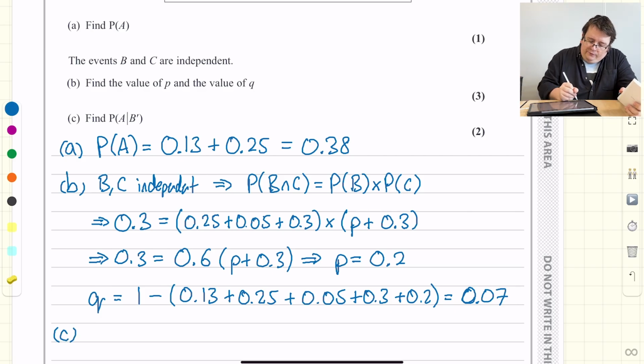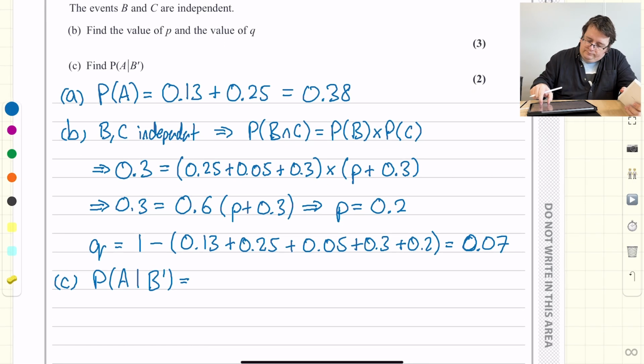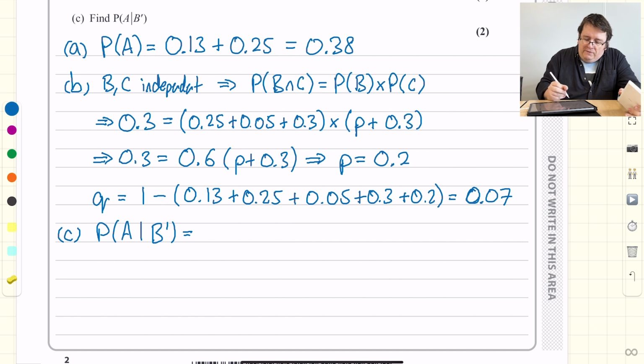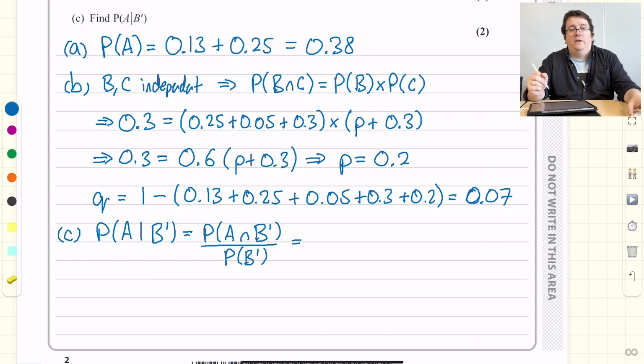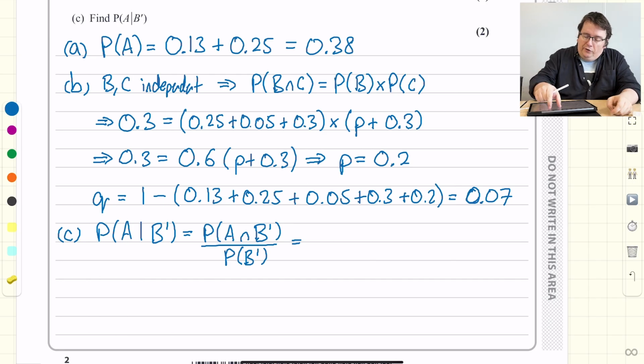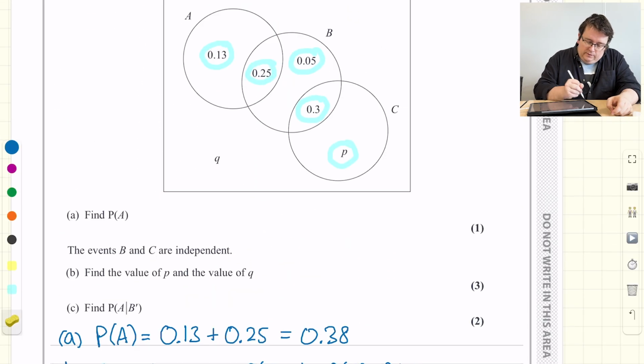Part C, find the probability of A given not B. So the probability of A given not B is, using the formula for conditional probability, equal to the probability of A intersection not B divided by the probability of not B. So we need to find the intersection of A and not B. So let's erase these bits first.